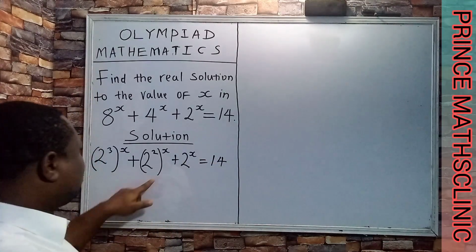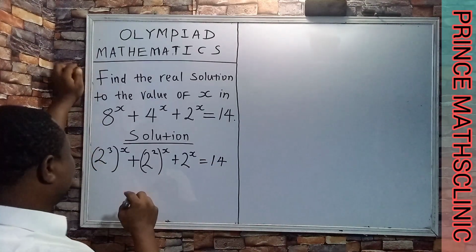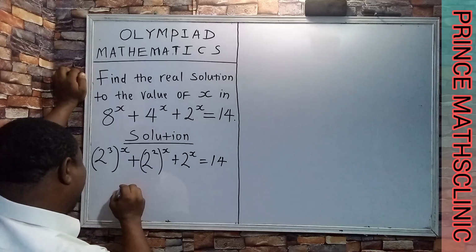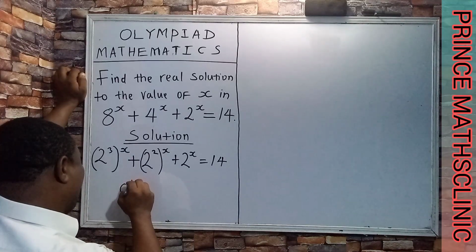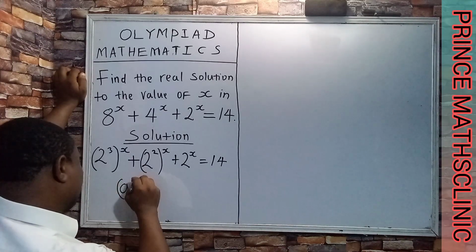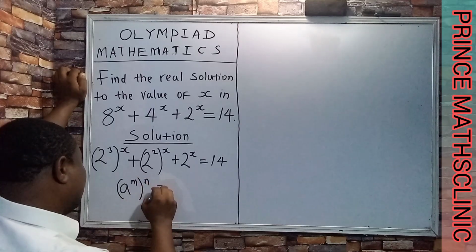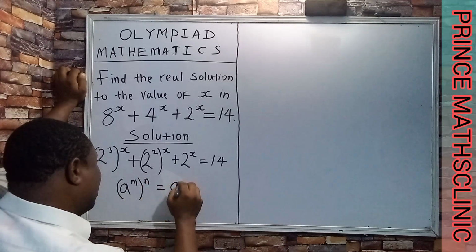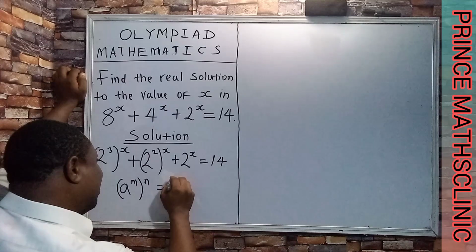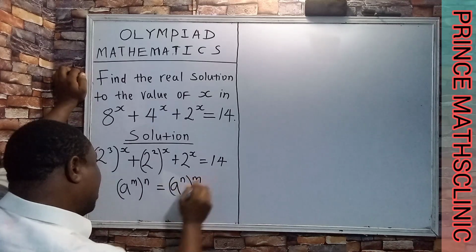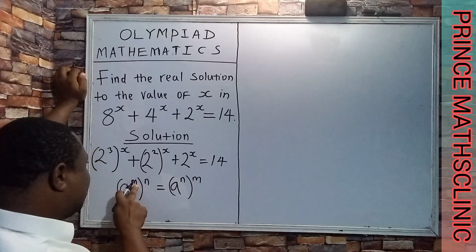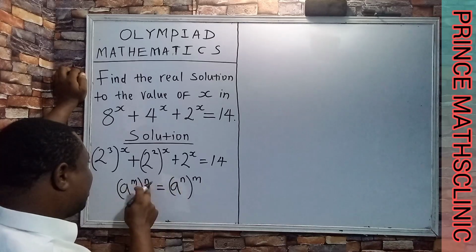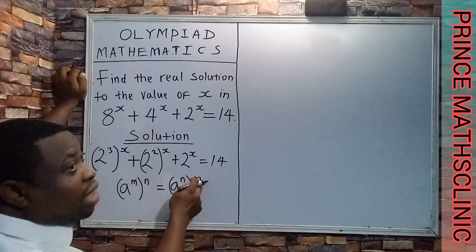Now, I know that from indices, if I have a to the power of m to the power of n, it is the same thing as a to the power of n times m. That is, if I have m here and n outside, I can bring n inside and take m outside.